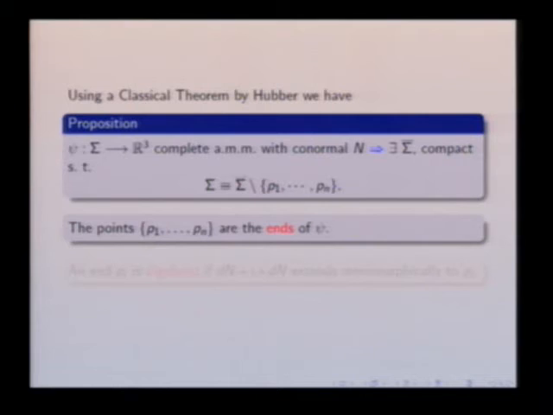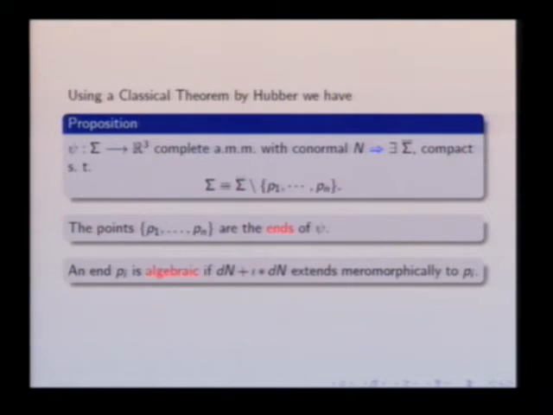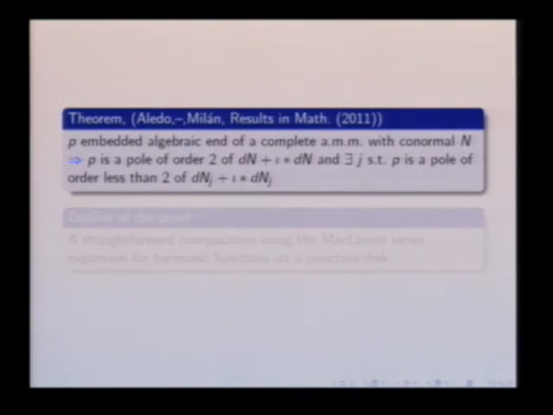These points will be the ends of the map, and we say that an end is algebraic when the holomorphic one form here extends meromorphically to the end. We can study the behavior of the affine maximal map in a neighborhood of the end.